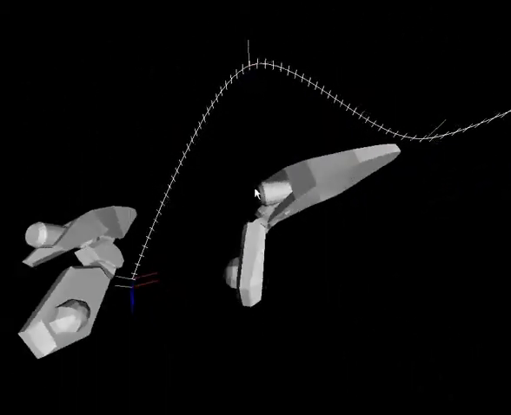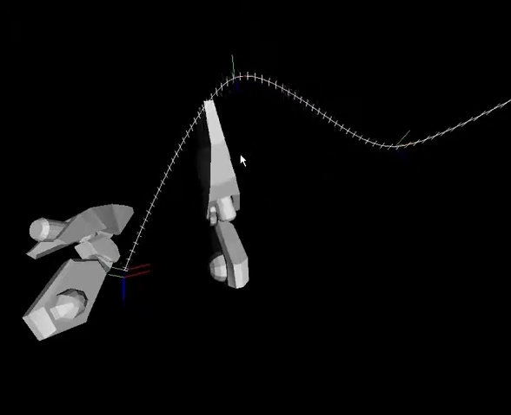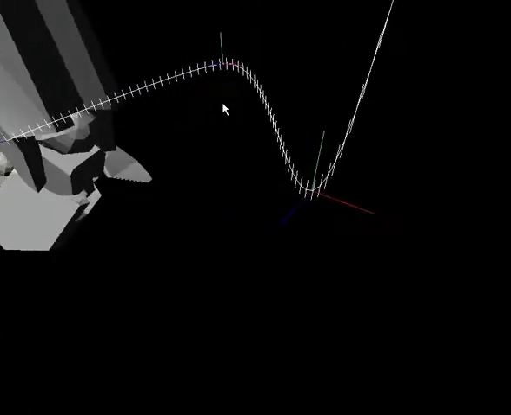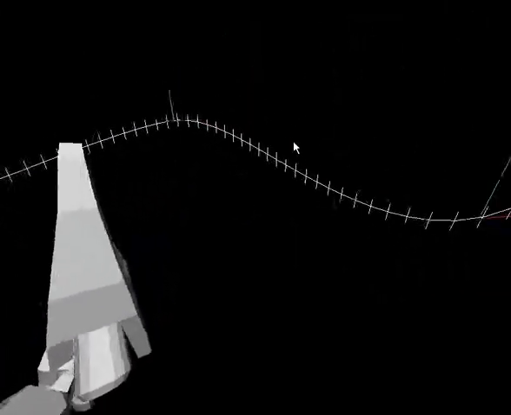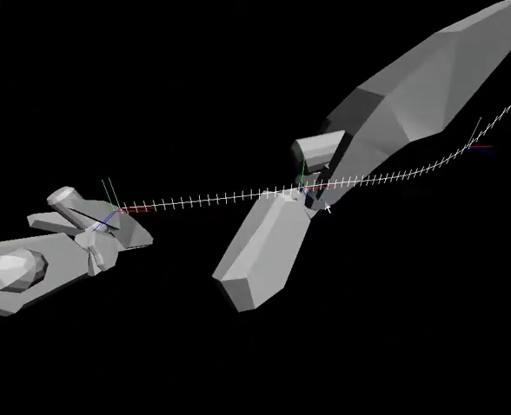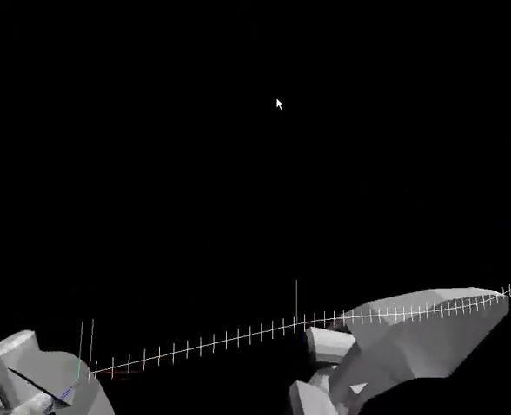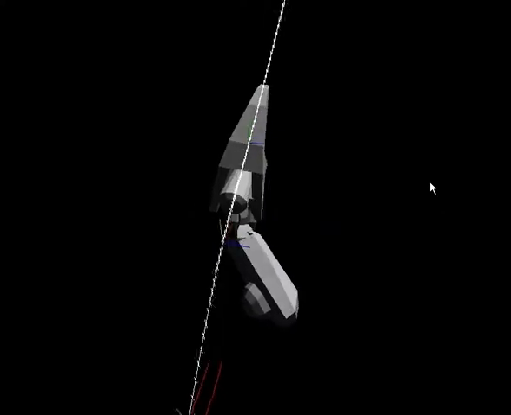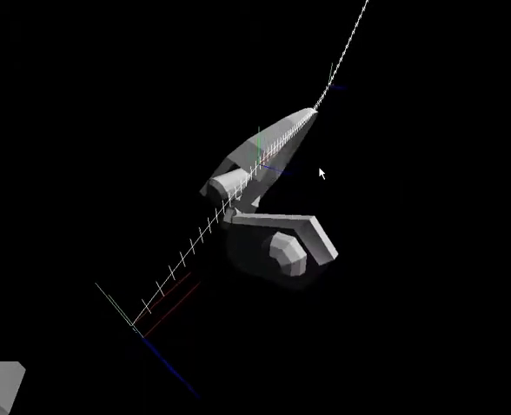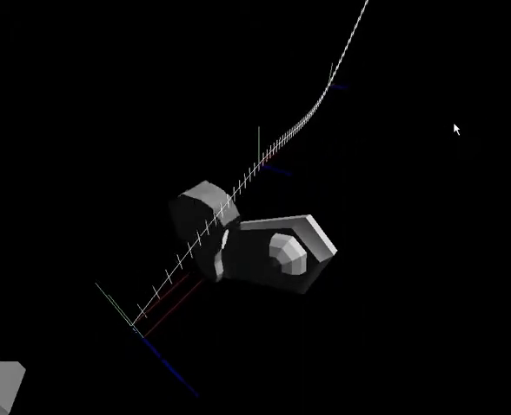It's basically like having the Verlet IK with infinitely strong springs, and the results are pretty good. Here maybe not. However, it suffers from the same problems as the Verlet IK sometimes. The Verlet IK, since it's a physics simulation, can explode in some cases, especially if it's very near. This doesn't ever explode. However, as you could see there, it had some problems with rotation.